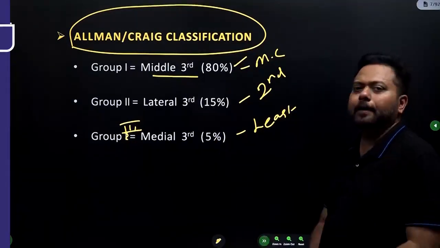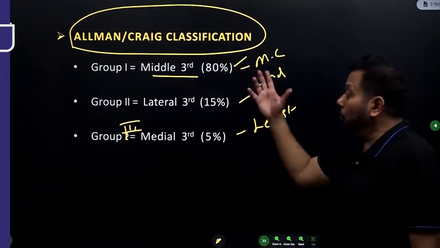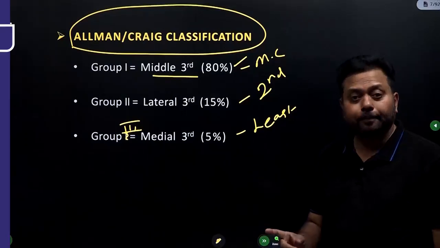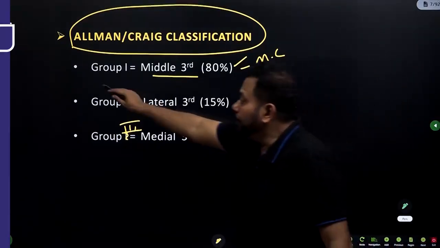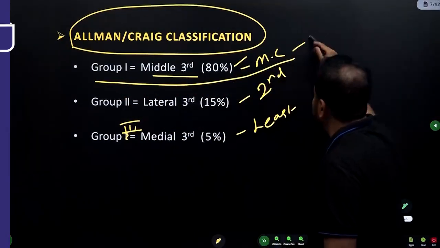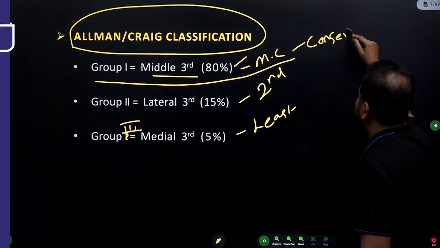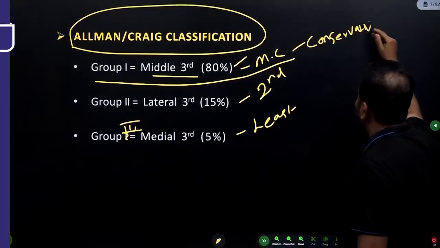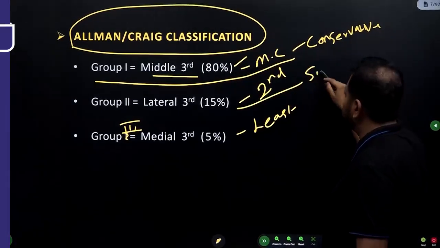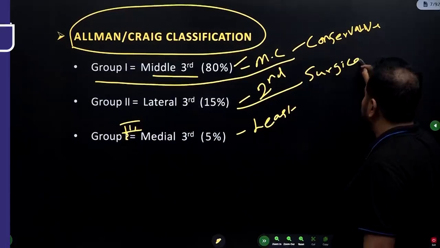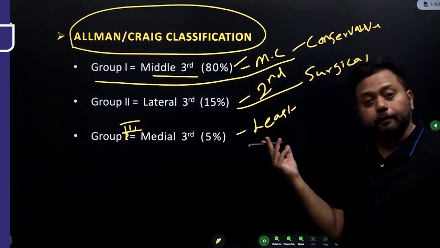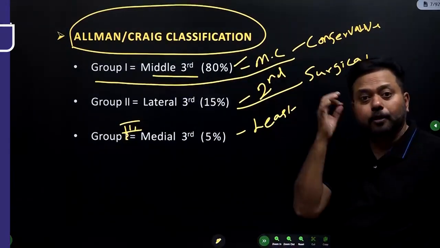This is called Allman and Craig's classification, because only when you classify the fracture can we plan for management. The best management is conservative. For this, the best management is surgical. We should know. They may ask a clinically based question or image based question.